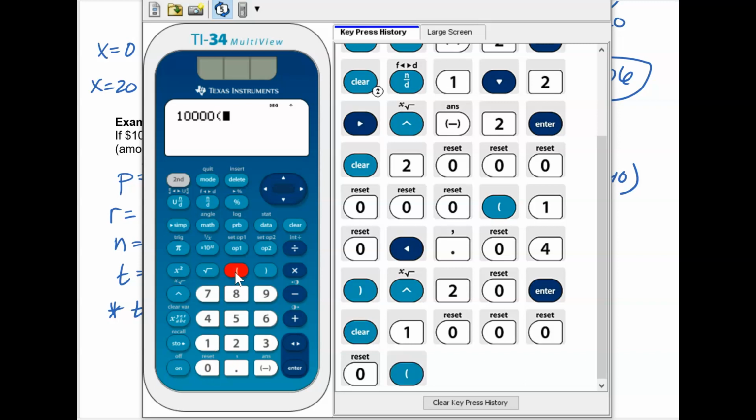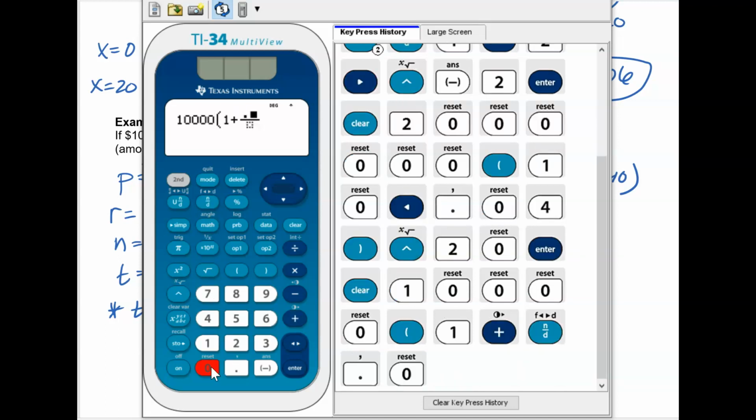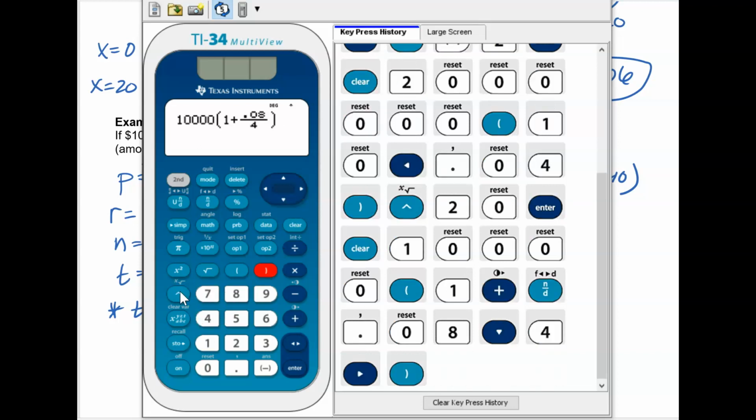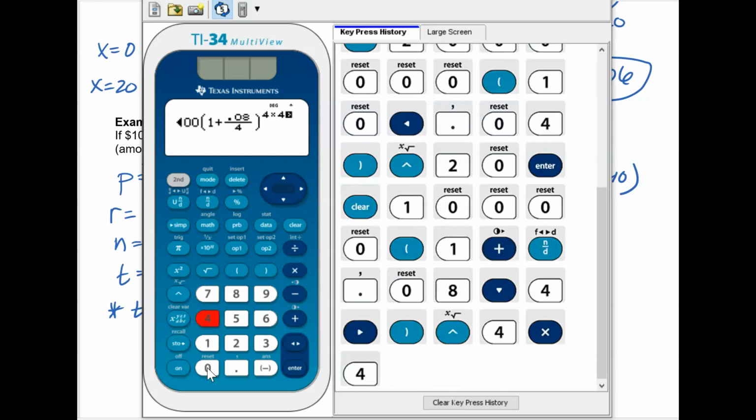So I'm going to do parentheses 1 plus, I'm going to use the fraction key, 0.08 divided by 4, and then parentheses raised to the 4 times 40 power.